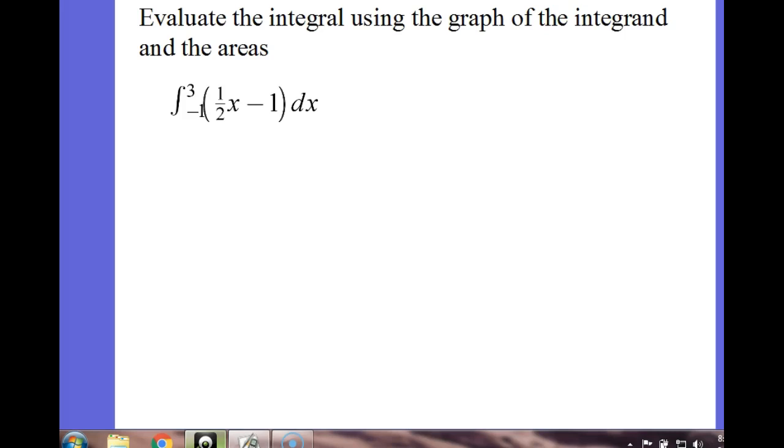So you have 1/2 x minus 1. So your y-intercept is -1. Your graph goes up 1 and right 2. It also starts at -1. So what's the value when x is -1?